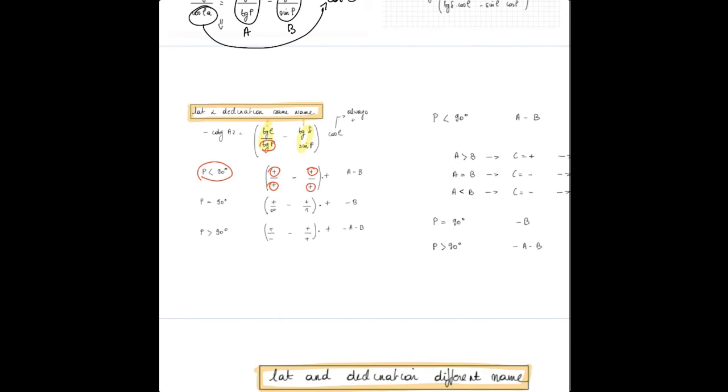Okay, and then this plus stands for the cosine of the latitude. The cosine of the latitude is always of an angle smaller than 90 degrees, so it is always positive.